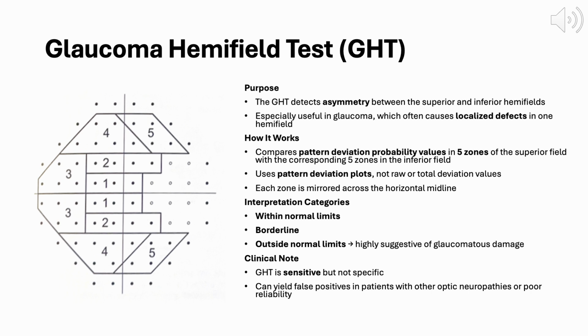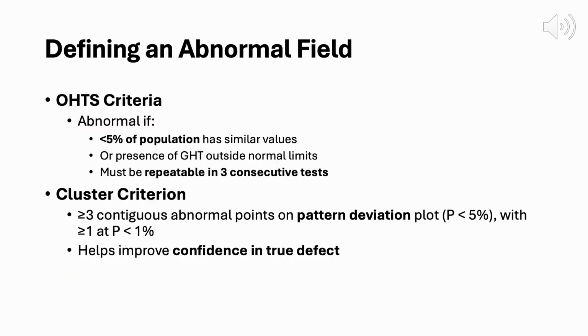The result can be within normal limits, borderline, or outside normal limits, that last one being strongly suggestive of glaucomatous change. One important clinical point is that while the GHT is sensitive, it's not very specific. That means it can flag defects in cases where something else is going on, like optic neuropathies or just poor test reliability.